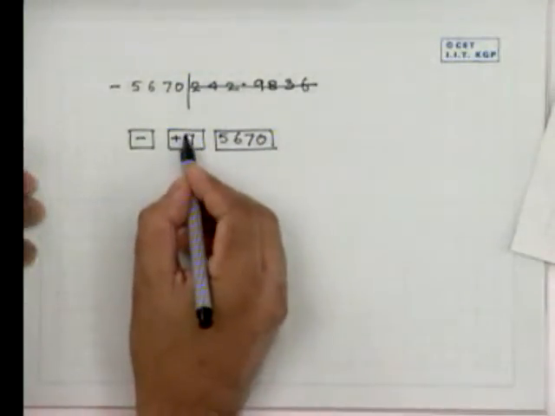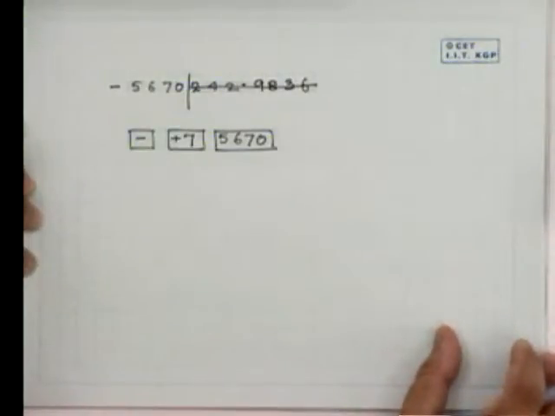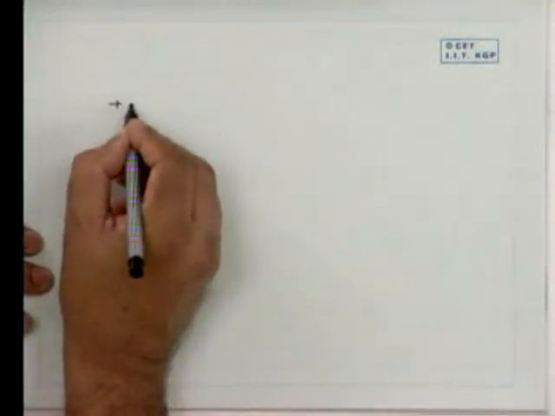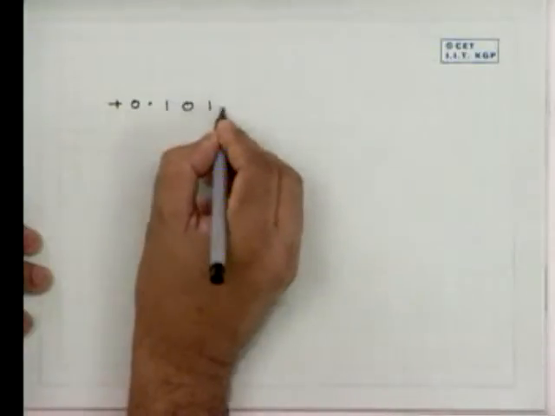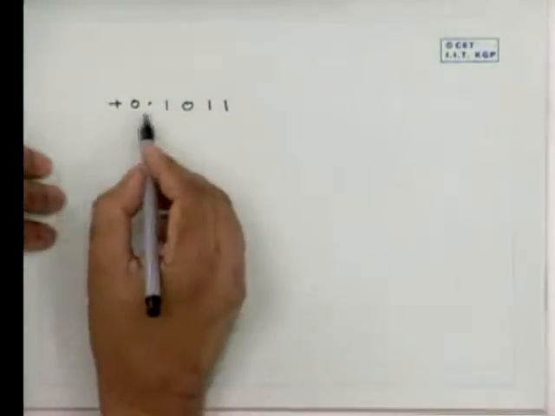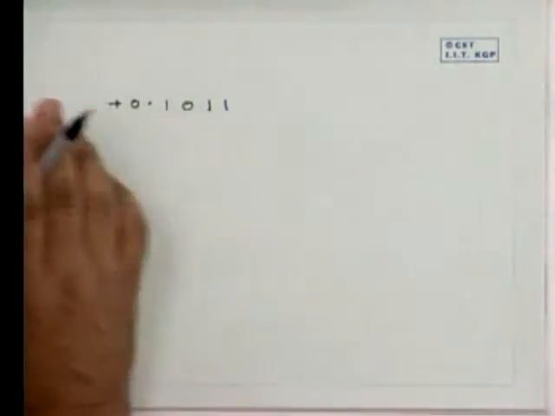Now, since our computer deals only with binaries, we can have a floating point representation of real numbers in binary. Let's take an example, say plus 0.1011. This is also a positional number system.